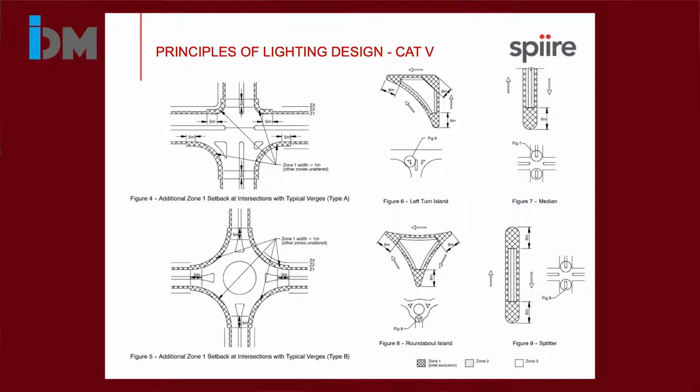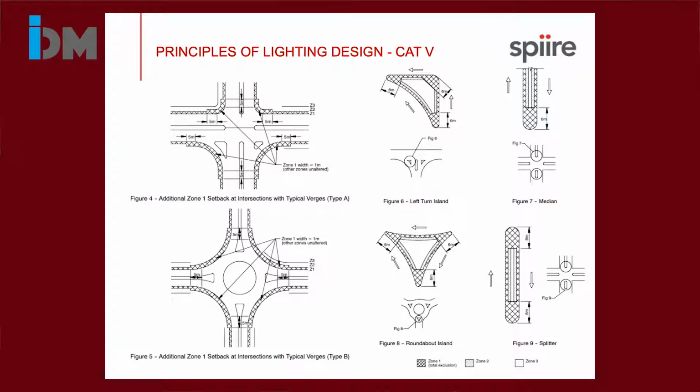These are actually exclusion zones, just hatched up in various intersection situations. Basically, your large hatch is your zone 1 exclusion areas. And as I was talking before, you can see on that median on the far right hand side, there's a minimum 6 metre setback from the nose of that splitter island.